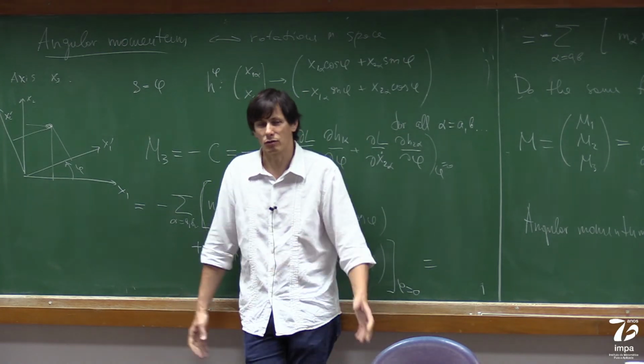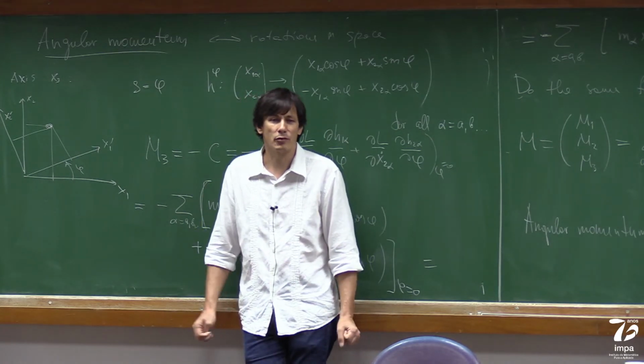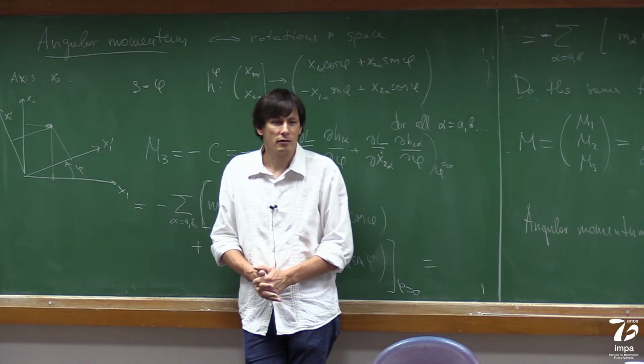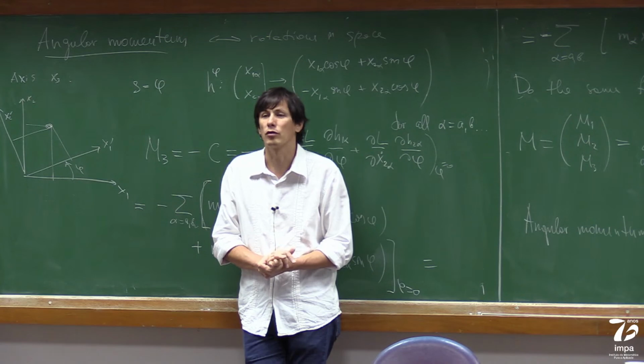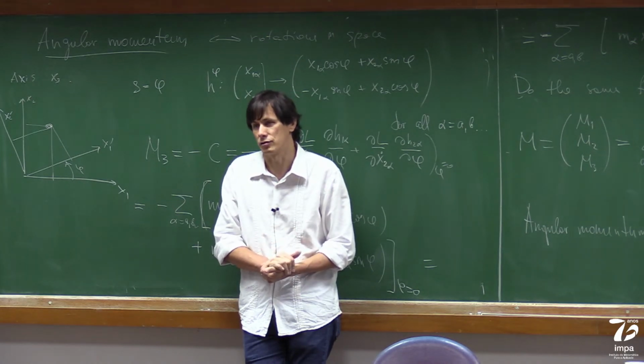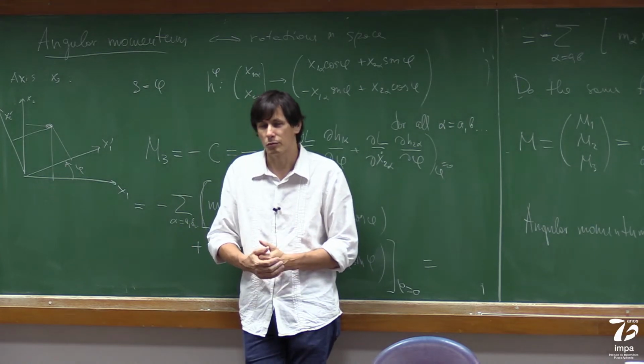There are different ways how to do it, I mean different derivations. But anyway, the conclusion will be that it will give us one more conservation law, which is conservation of energy. So conservation of energy is a direct consequence of the homogeneity of time.